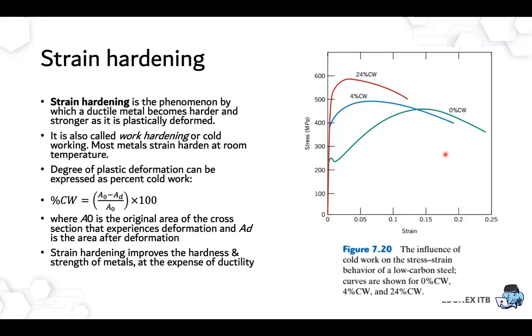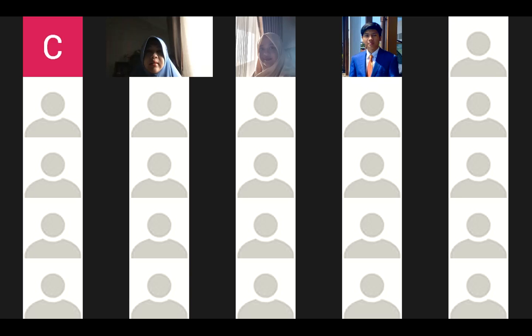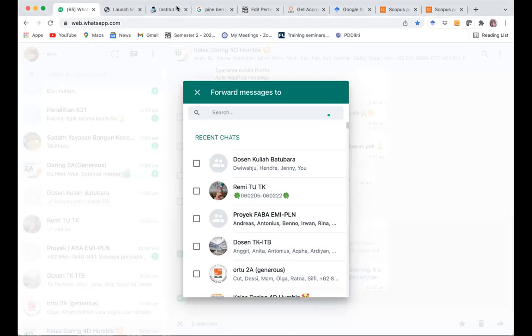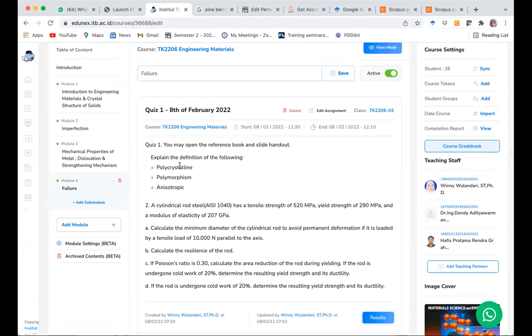Now let's open your EduNext, and then let's have a look at the quiz. Here you will see it starts from 11:30 to 12:10. You can open any book, the reference book and also the slide handout.